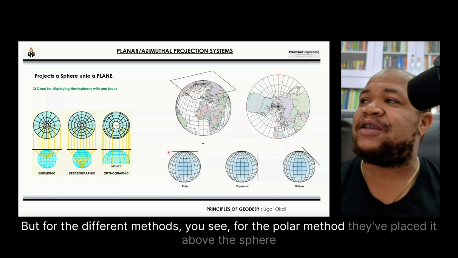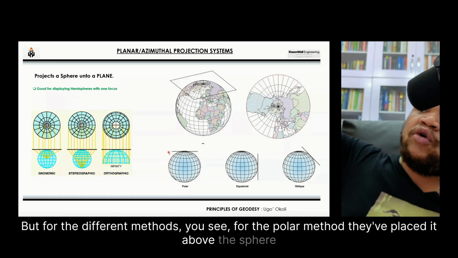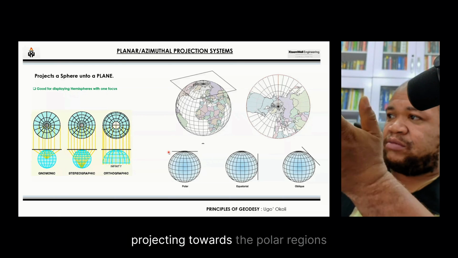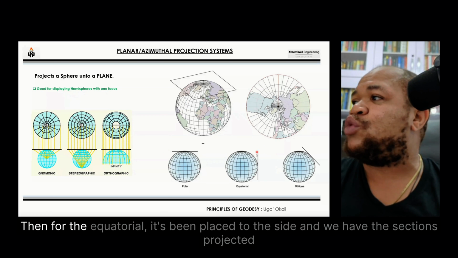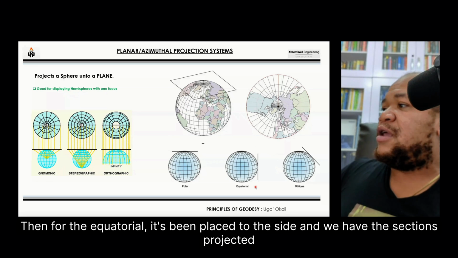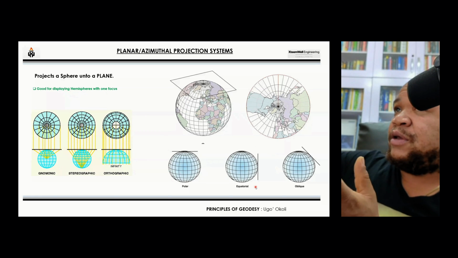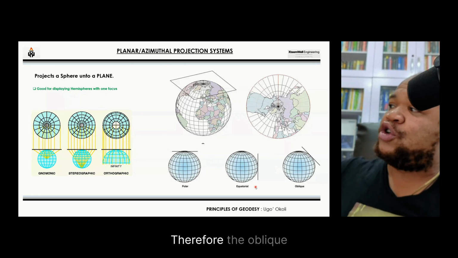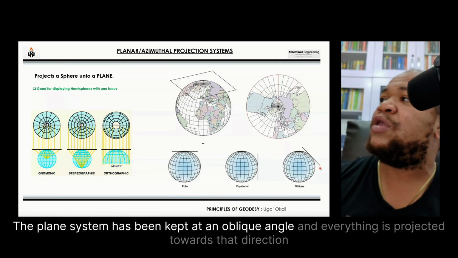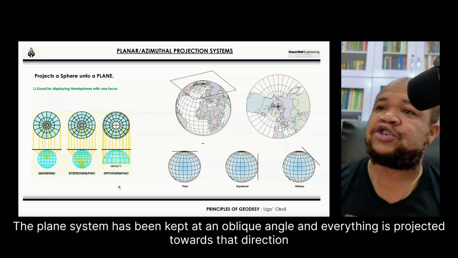For the polar method, they've placed it above the sphere, projecting towards the polar regions. For the equatorial, it's been placed to the side, and we have the sphere projected to the side. Then for the oblique, the plane has been kept at an oblique angle, and everything is projected towards that direction.